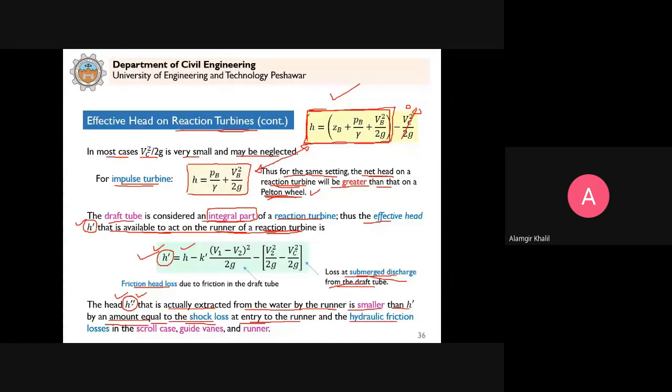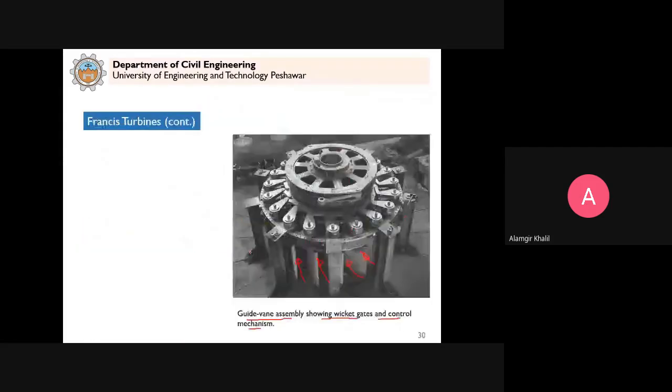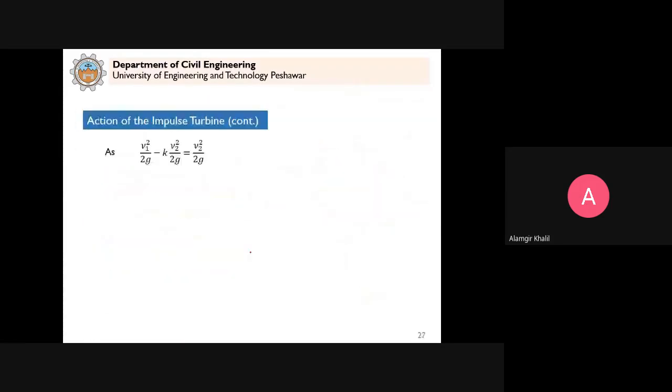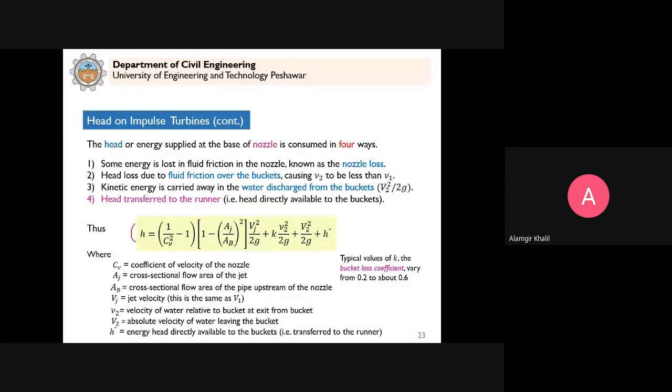So now this H double dash is similar to H double dash in case of impulse turbine. We discuss here H and then we shift it to H double dash. So this I told you where is H dash. So this is now same as for the reaction turbine. That's why we say H double dash.